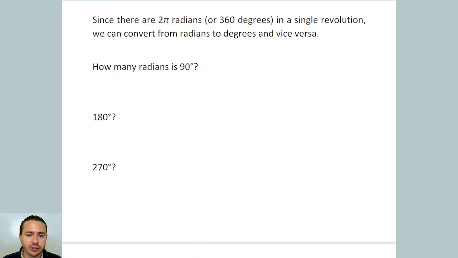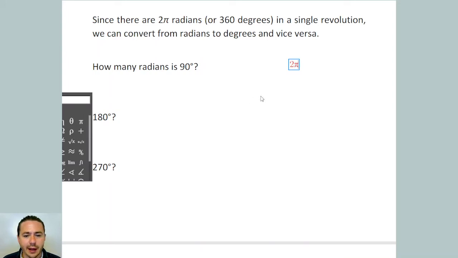One ratio that you can use, regardless of which way you're going, is that 2 pi radians is equivalent to 360 degrees.